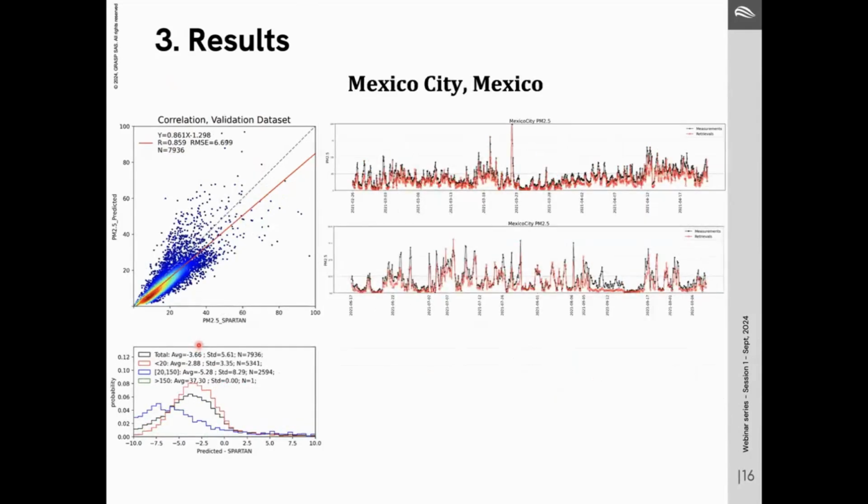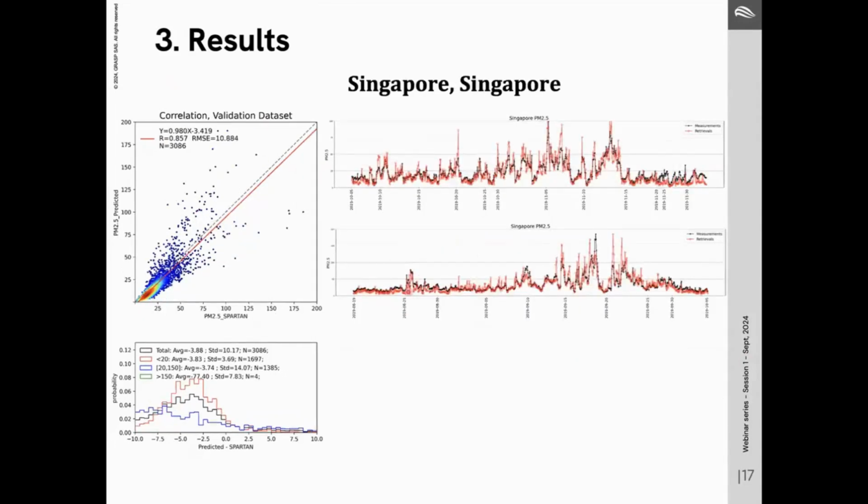And here is the result for Mexico City. It's another densely populated city that has aerosols from cars and from industrial activities, and we are able to capture the variation of the PM pretty reasonably. And here is the result for Singapore.